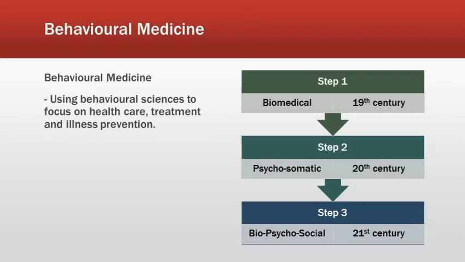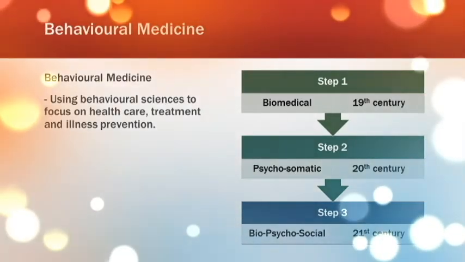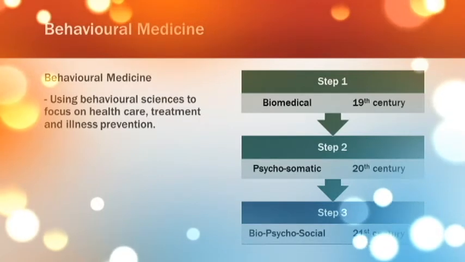So behavioral medicine has also been described as consisting of methods derived from the experimental analysis of behavior, such as behavior therapy and behavior modification, and really involves the evaluation of and treatment and prevention of physical disease or physiological dysfunction. So things like hypertension, addictive behaviors, and behaviors that contribute to obesity.